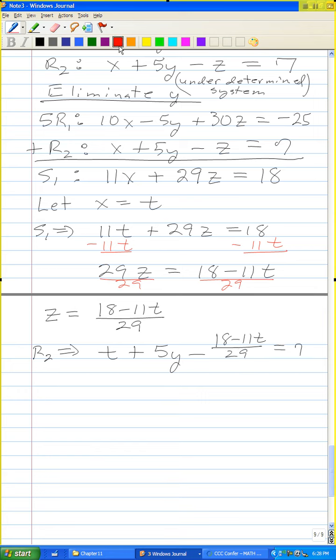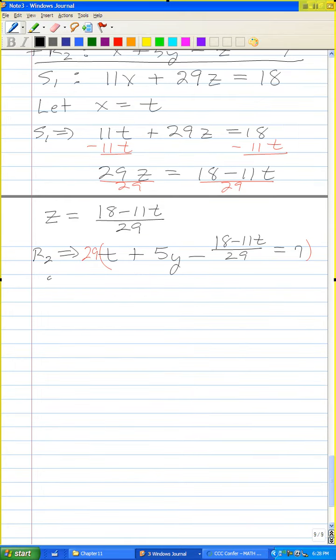Let's multiply both sides of my equation by 29. And so I get 29t plus, let's multiply 29 times 5, 145y, minus, the 29's cancel, so the negative outside makes that negative 18 and the negative and negative 11t makes that positive 11t, equals, let's multiply 29 times 7, 203.